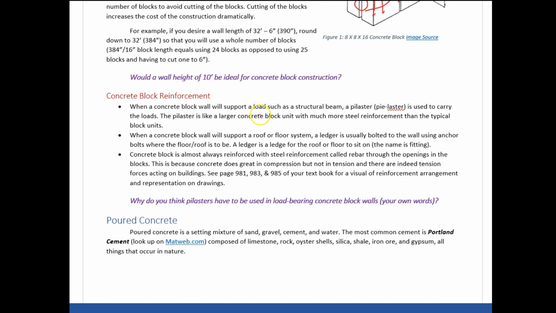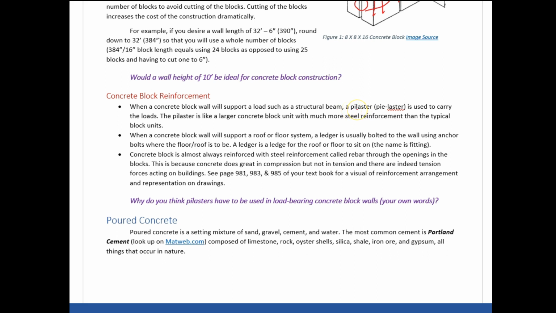Whenever your concrete block wall has to support a structural beam, it's good to have a pilaster in the concrete wall system. A pilaster is pretty much a bigger concrete block unit that will fit a lot more reinforcement. If our wall is going to be load bearing for structural beams, then we need to have it be a lot stronger.